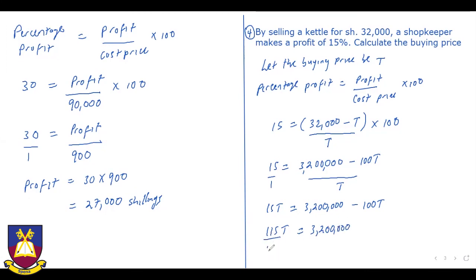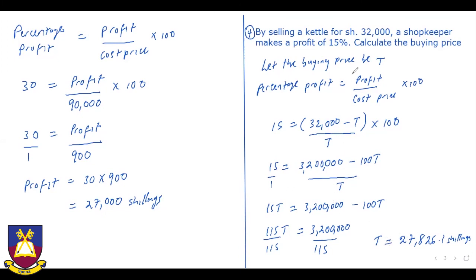So divide by 115 on both sides. We have t, which is equal to 3,200,000 divided by 115, which is around 27,826.1 shillings. So this was the buying price.